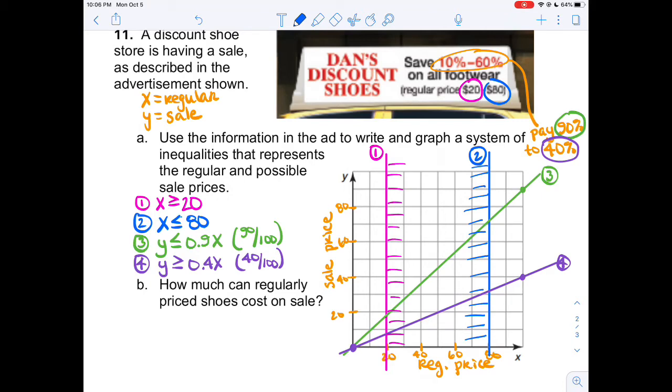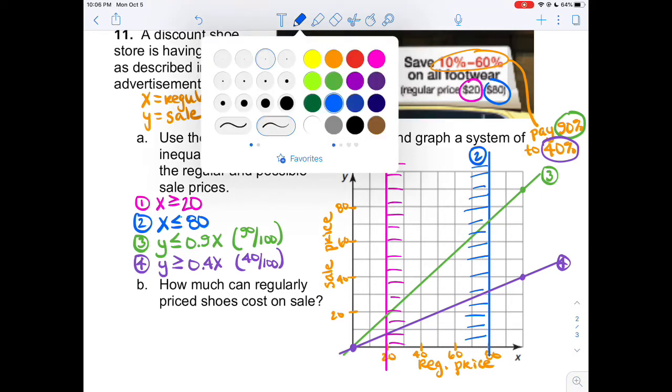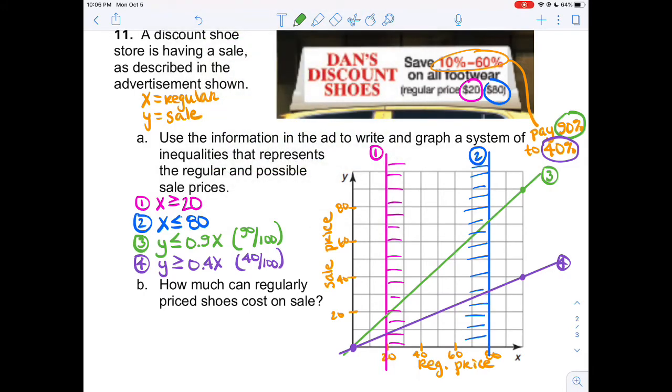Now I need to use my last two inequalities to box myself in even more. Y was less than or equal to 0.9x, so less than makes our y values lower. I need shading here below this line.